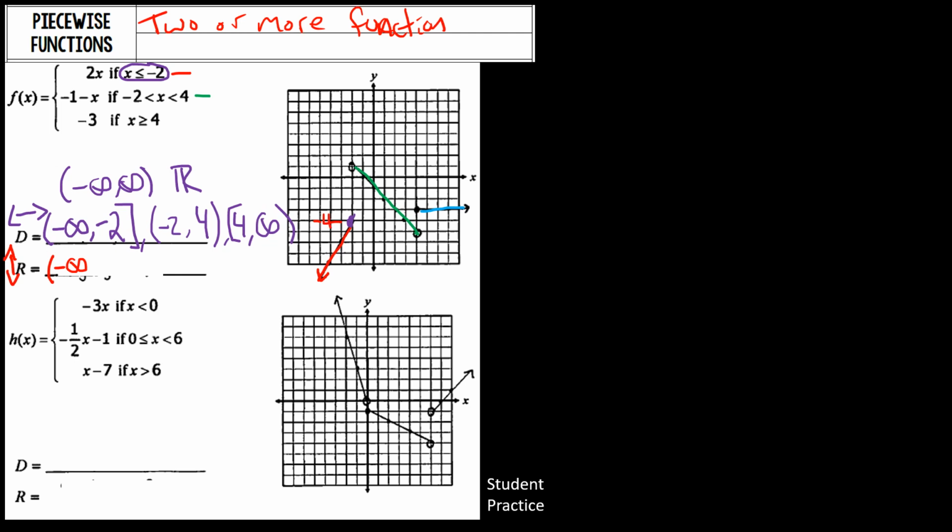As far as our y value, it's how far up it's going. And then you'll see that the green line goes up a little further, as far as 1. But we would say it goes up to 1, but it never exactly touches it because it's an open circle. And so we'd go from -infinity to 1. And that's as high as the graph goes.